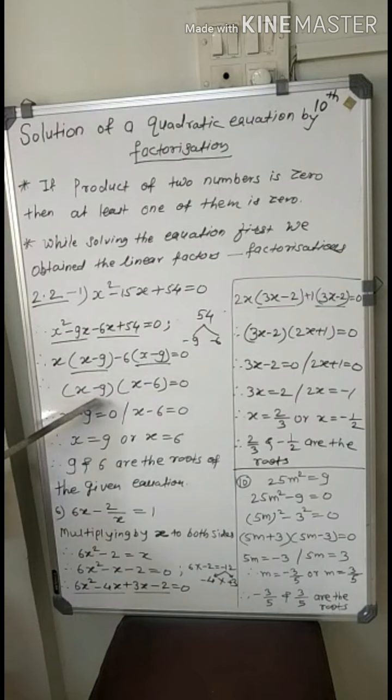So x minus 9 is written first, into x minus 6 equal to 0. It means x minus 9 equal to 0 or x minus 6 equal to 0. Therefore x equal to minus 9 becomes here plus 9, x equal to 9 or x equal to 6. Therefore 9 and 6 are the roots of the given equation.